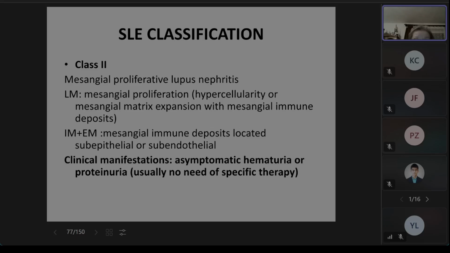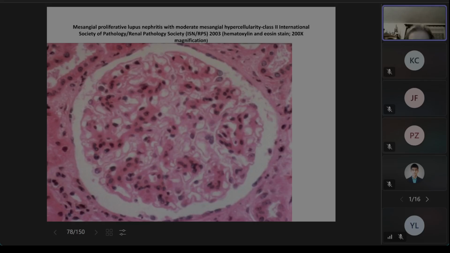The clinical manifestation is asymptomatic hematuria and/or proteinuria, and this type doesn't in fact need a specific therapy. Of course, it is worth highlighting that we give the patients ACE inhibitors in order to reduce daily proteinuria.